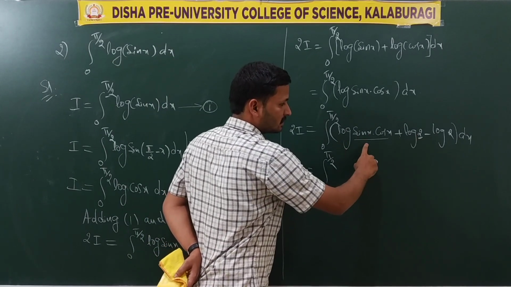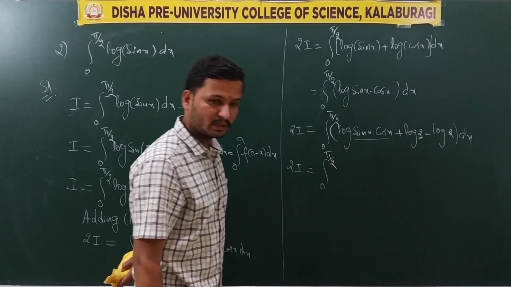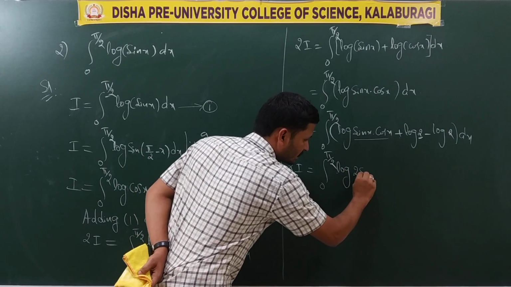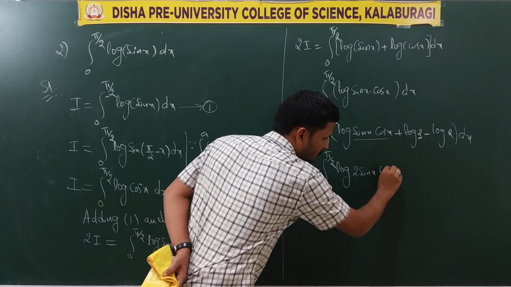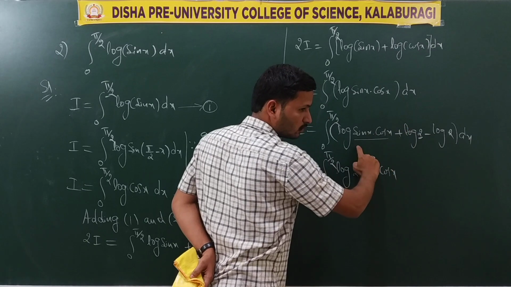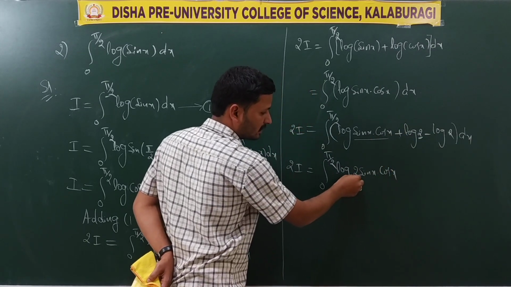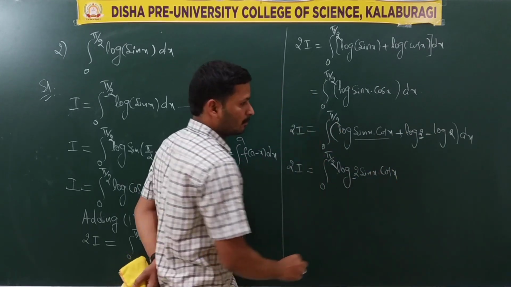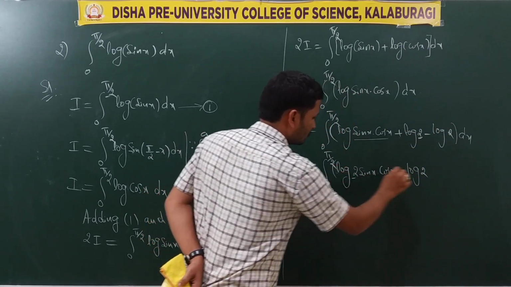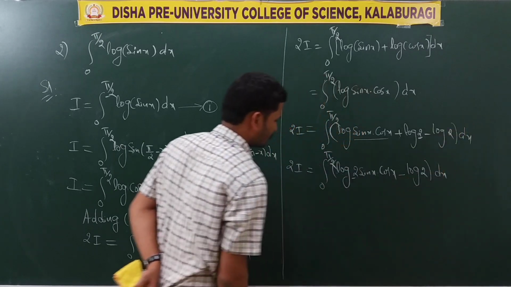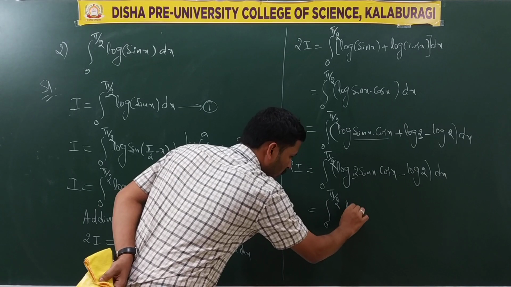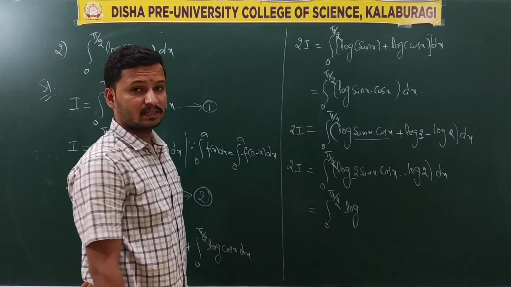So log of sin x into cos x plus log of 2 can be written as log of 2 times sin x into cos x, because log m plus log n is log m into n, minus log 2 as is, into dx. So now 0 to pi by 2 log of 2 sin x into cos x.